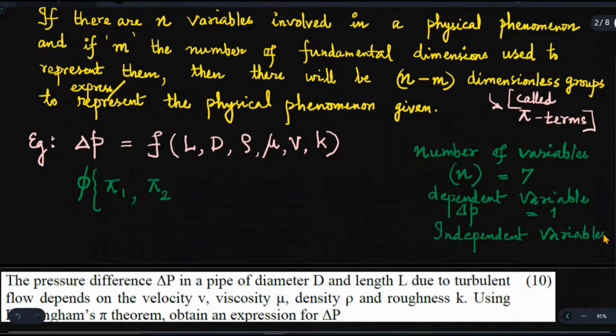Which are they? L, D, rho, mu, V, and K. So that is 6. So in total we have 7 variables, dependent and independent together.